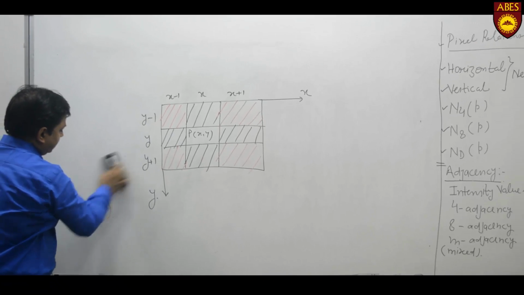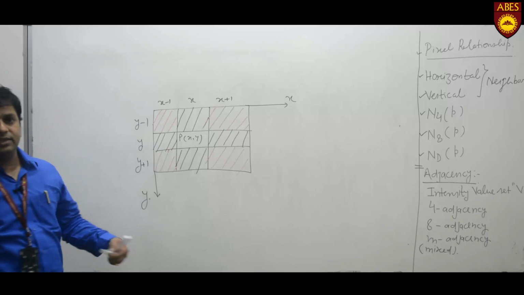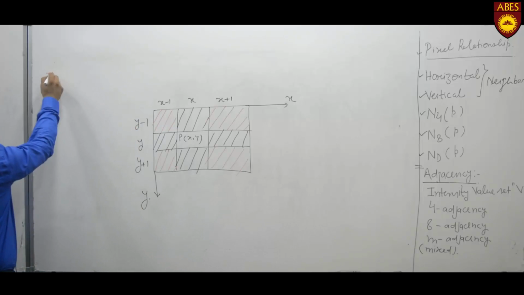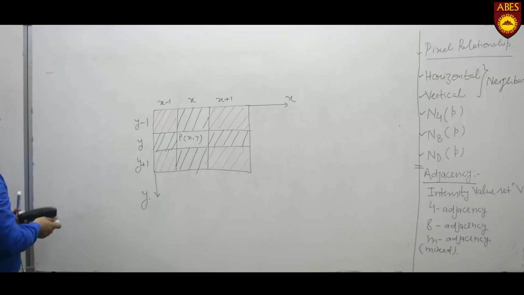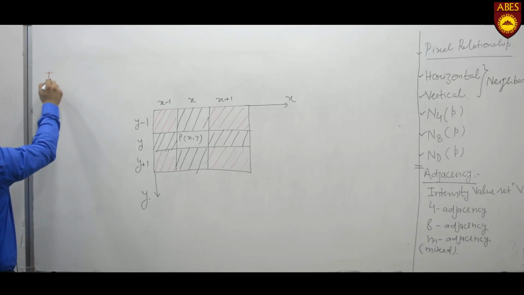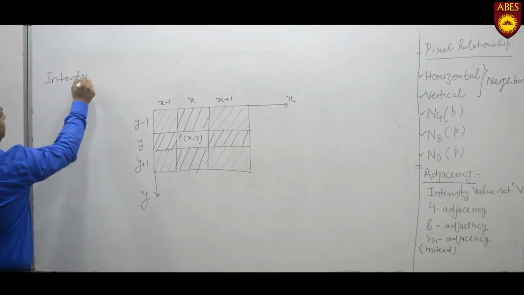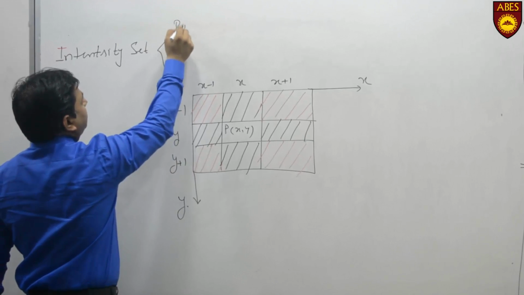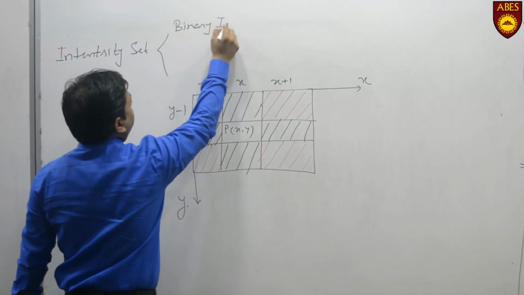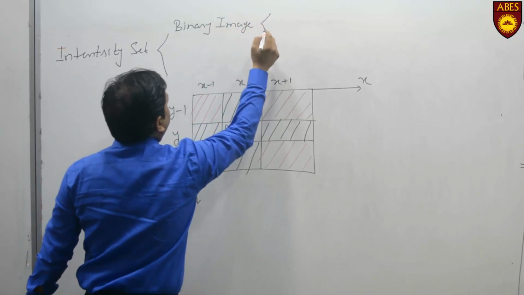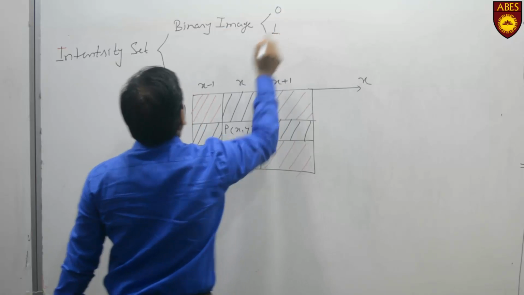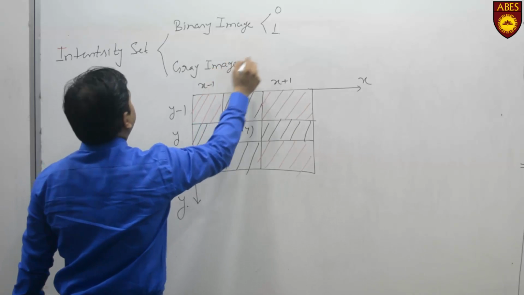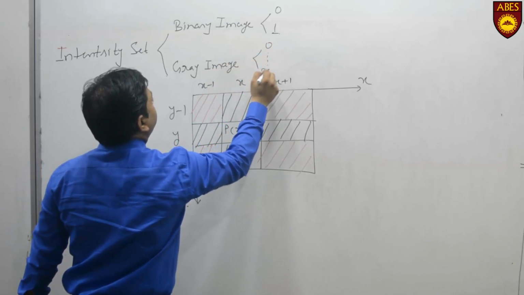Next we will discuss adjacency. Before discussing the adjacency of pixels, we have to study the intensity value set V. The intensity values for a binary image may be 0 and 1, but for gray images the levels vary from 0 to 255.